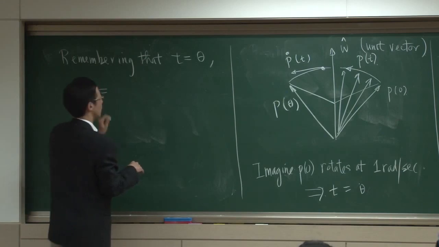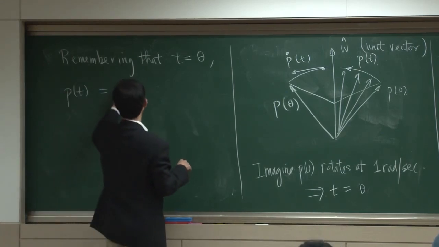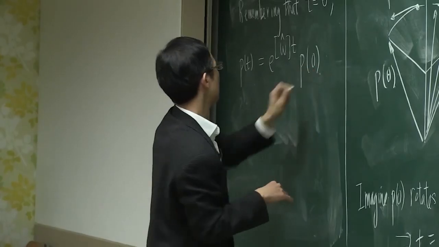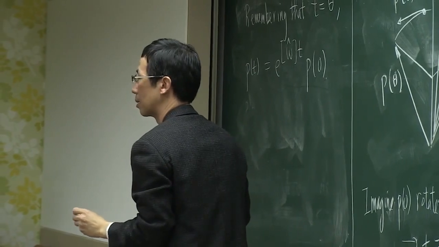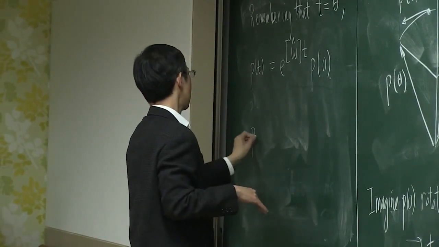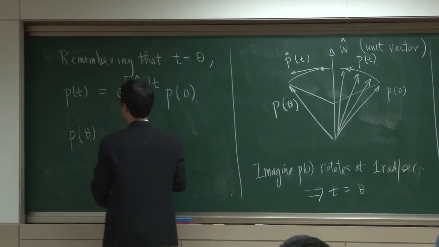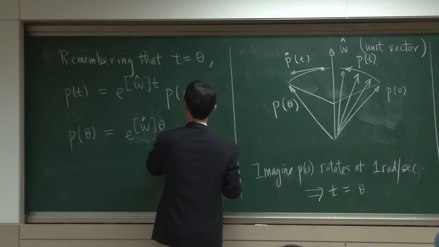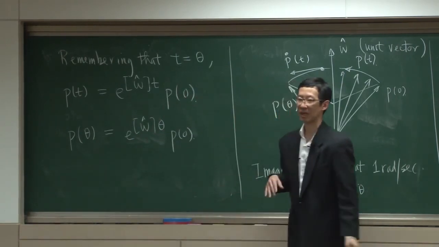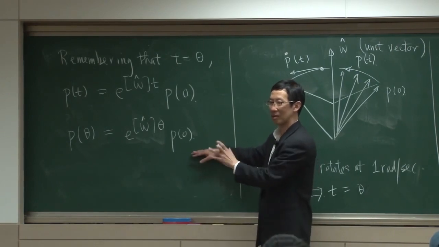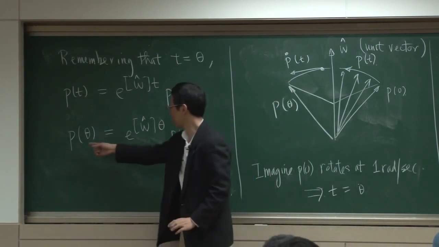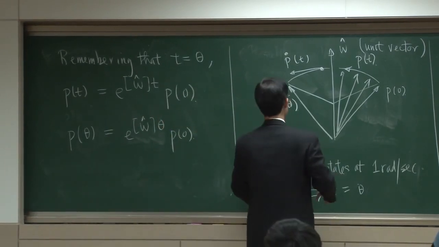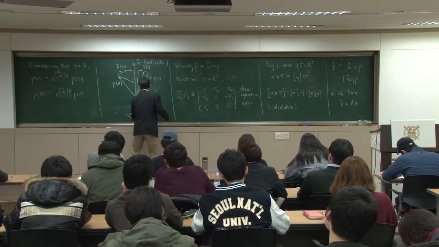P of t is equal to exponential omega hat t times p0. Now let's just replace t by theta. Let's work with this now to remind us that what we really want is this formula for P of theta, angle theta. I think I can erase this.